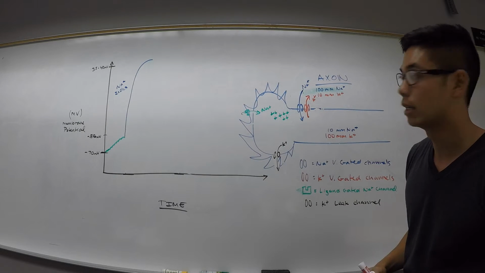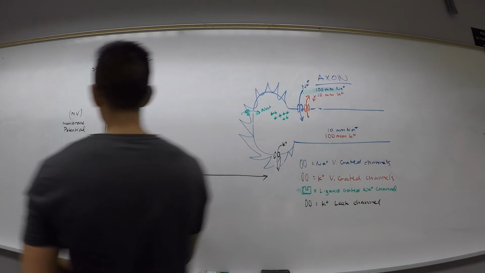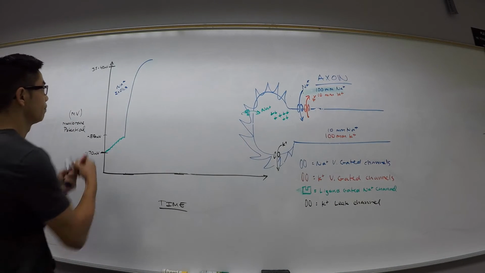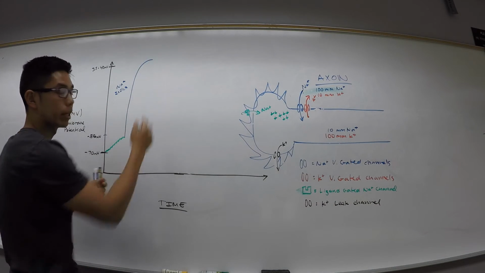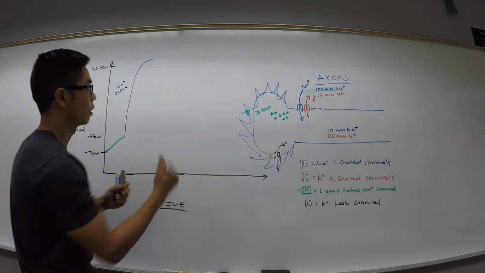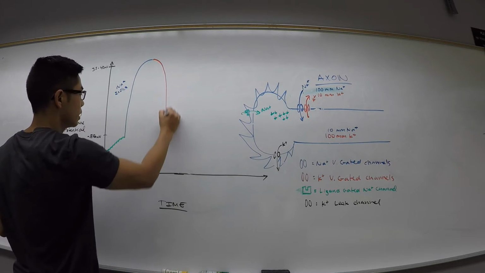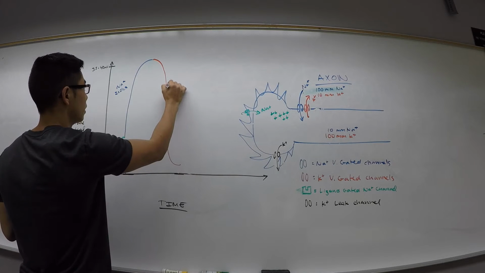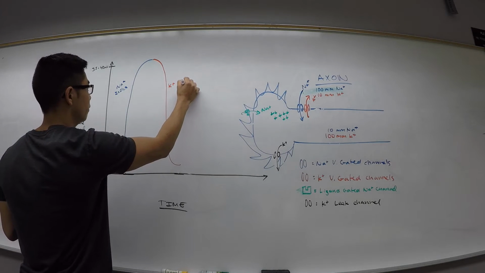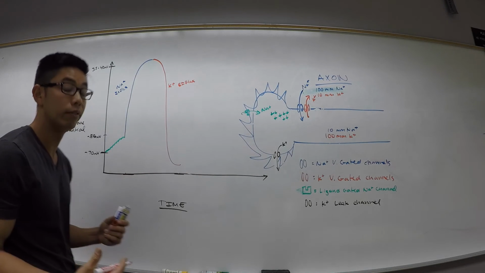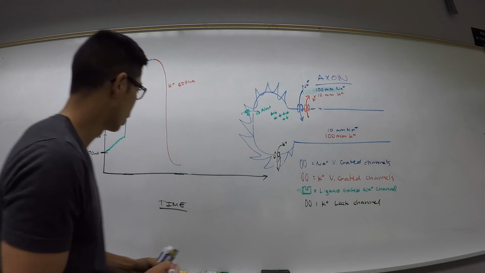So if we go back to this graph over here, by K+ leaving our cell, we're going to be decreasing our membrane potential. This is going to be known as K+ efflux, or the leaving of potassium.